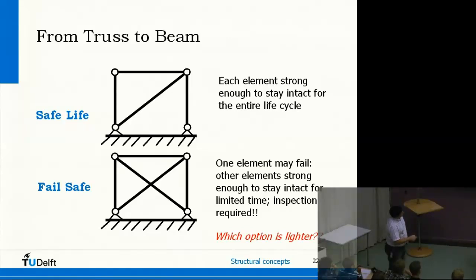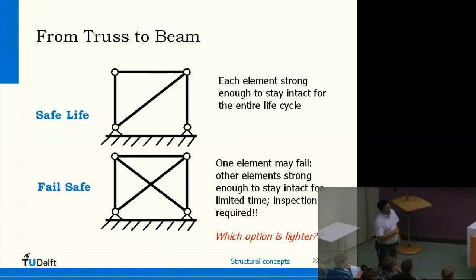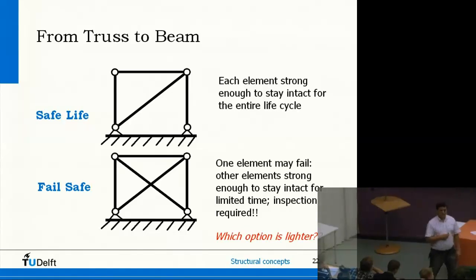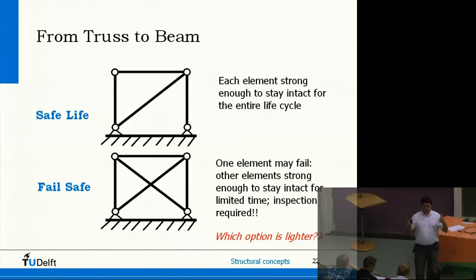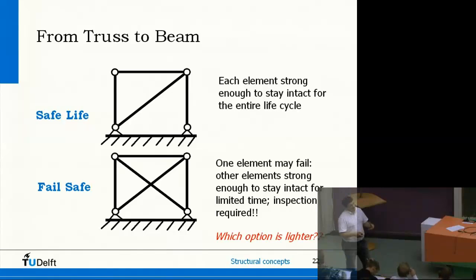If I go to the other concept, that's fail-safe, I have some redundant system. If one of these elements fails, still my whole system is performing correctly. No problem at all. The only thing is, as soon as one of these elements fails, I have to notice that.